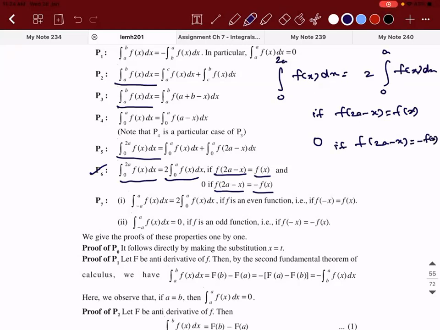Okay. So why is this happening? Because from property number 5 itself, we know that integral of 0 to 2a f of x dx can be written as integral of 0 to a f of x dx plus integral of 0 to a f of 2a minus x dx. Correct?